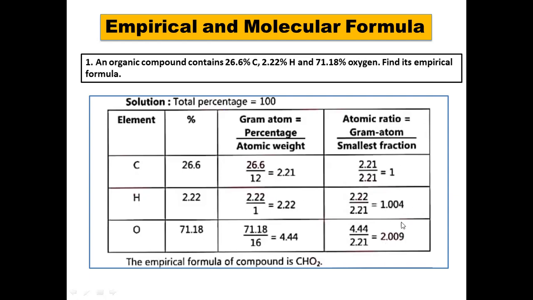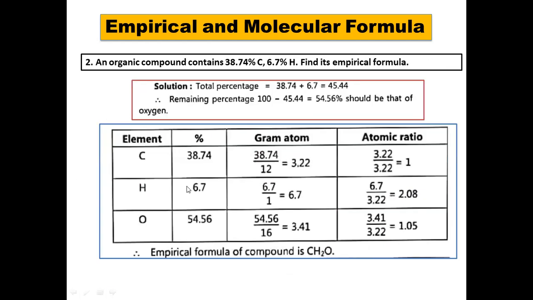So almost we can see that the ratio is now a whole number: for carbon it is 1, for hydrogen it is again 1, and there are 2 oxygen. So the empirical formula of the compound is CHO2. By doing all this calculation, we are able to calculate the empirical formula for the given compound from the given percentages.